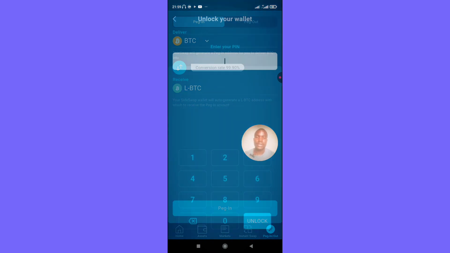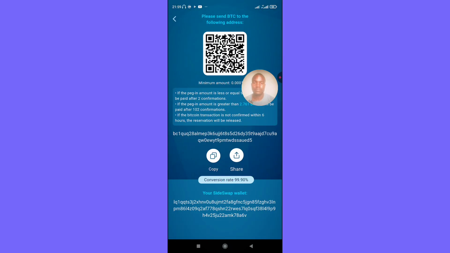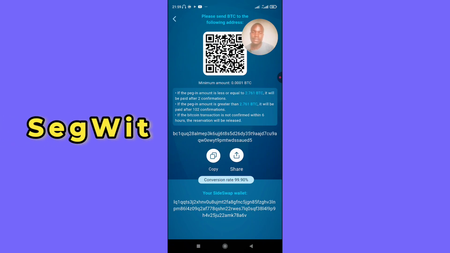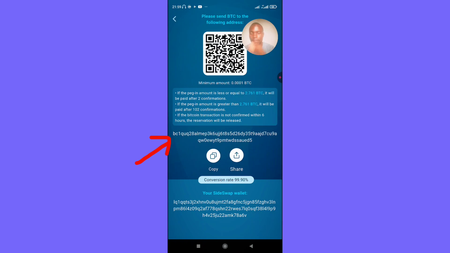So when we click on peg in, now you see here, please send BTC to the following address. So the Sideswap platform gives you a SegWit address. This is a normal Bitcoin address, which is the mainnet address, BC1, and then you see your own Sideswap wallet. So it gives you this BC1 address where you copy that SegWit address, and then you can use any other platform that you have your Bitcoin sitting on.